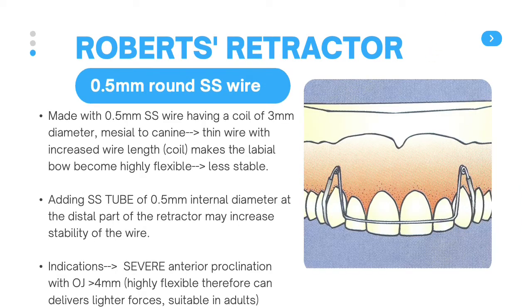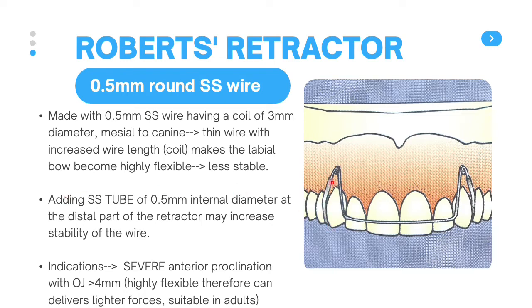This is Robert's retractor. It is made with 0.5 mm stainless steel wire having a coil of 3 mm diameter, mesial to the canine. The usage of thin wire with increased wire length by adding the coil makes the labial bow highly flexible and therefore less stable.